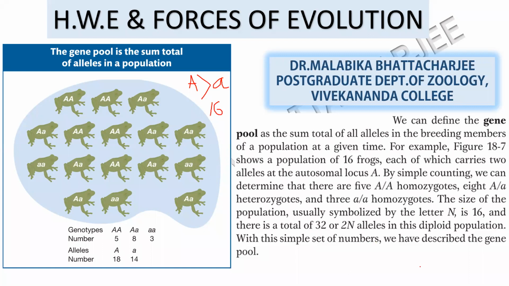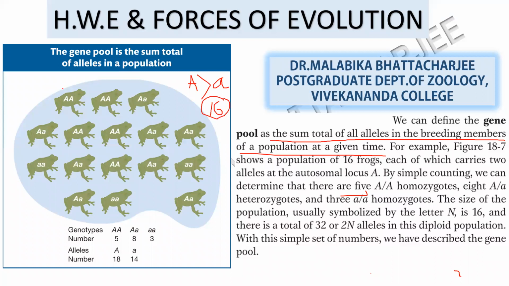The gene pool is the sum total of all the alleles in the breeding members of a population at a given time. So we have 16 frogs here.